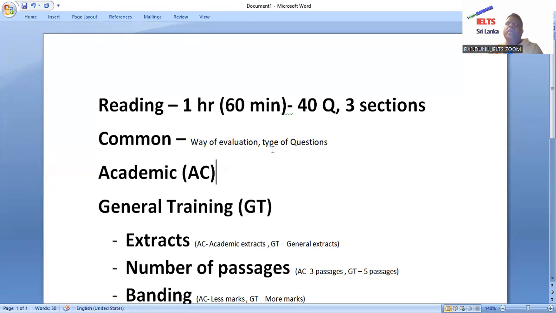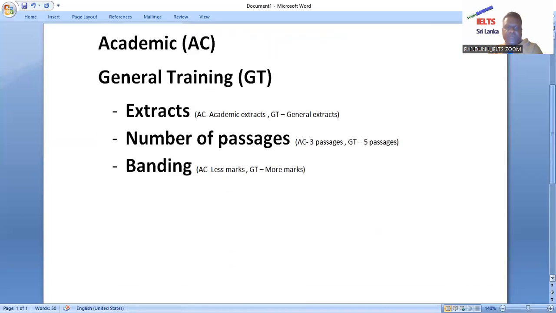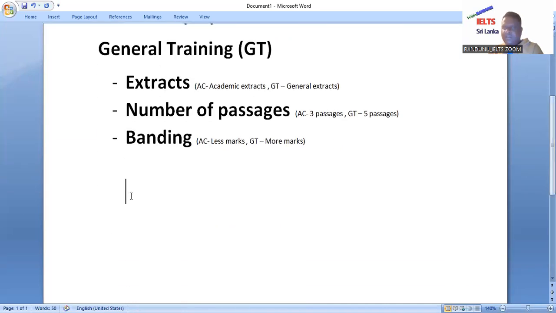Therefore, if you want to do something big, it's always good to do something small first, right? General reading is the comparatively easier version of reading.